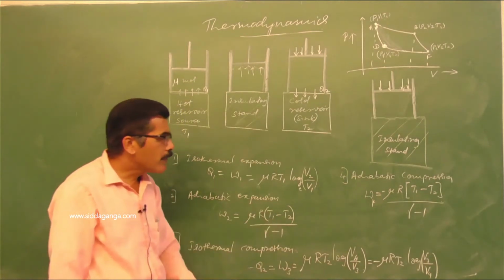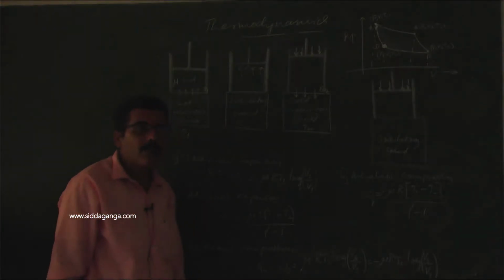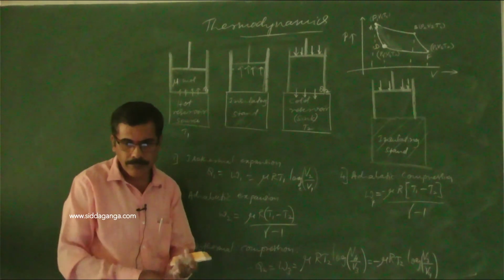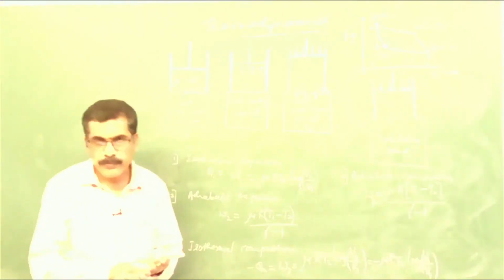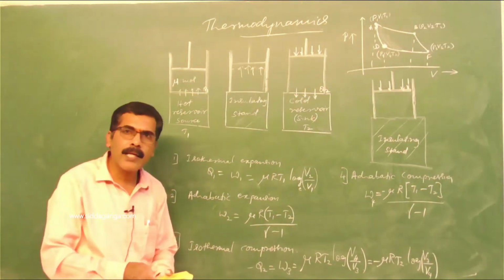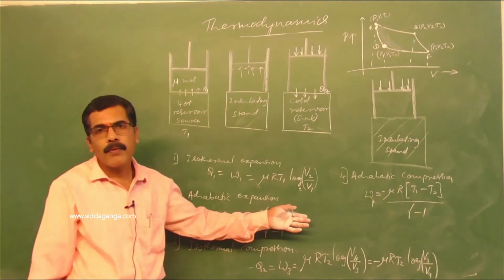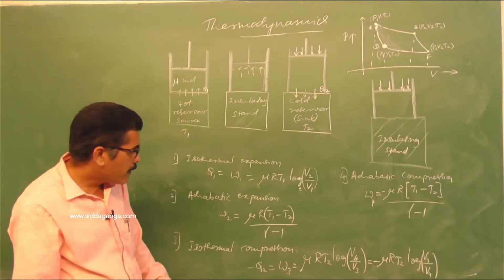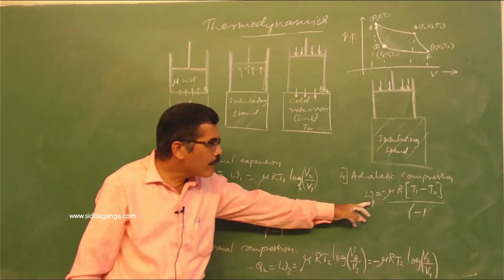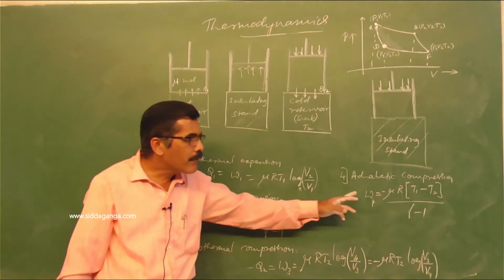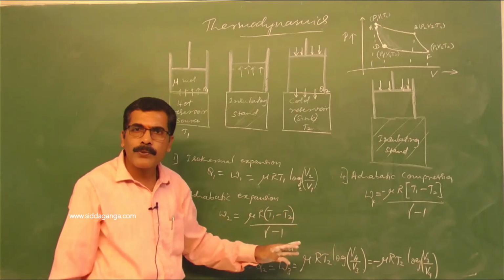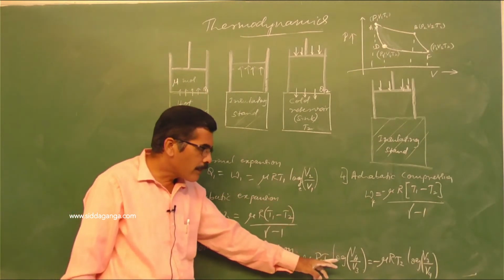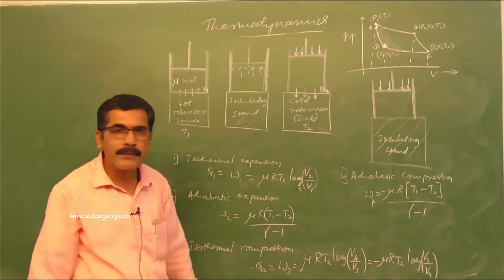So using these equations, you can easily calculate the net work done. You will find that W2 and W4 are equal in magnitude but have opposite sign, therefore they get cancelled out. Only these two work done terms will be taken into consideration.